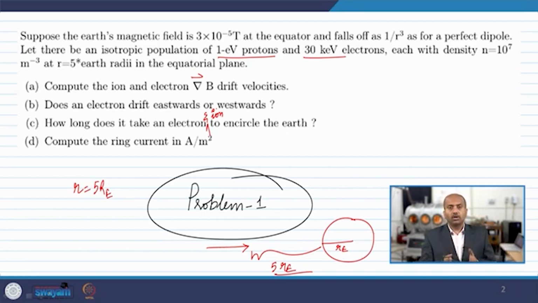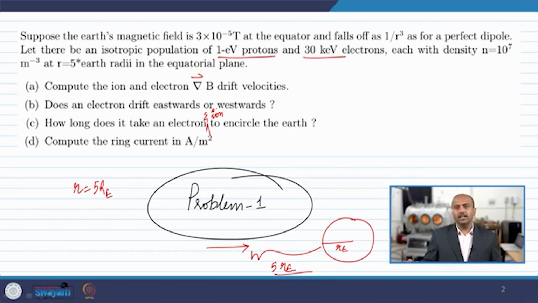This topic is already being taught, and we know the basics of this problem. When the plasma experiences a gradient magnetic field, that is, a magnetic field whose strength changes with space, the plasma particles, electrons and ions, experience a drift velocity called the gradient drift velocity.